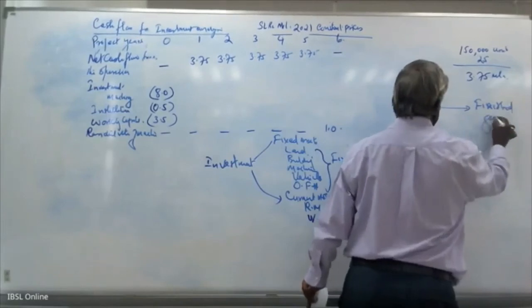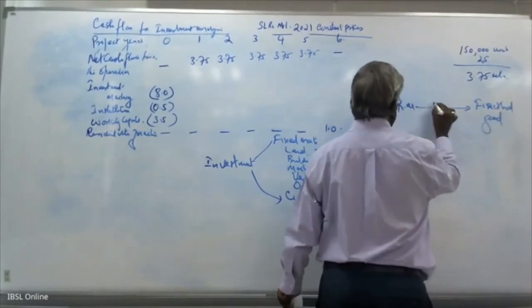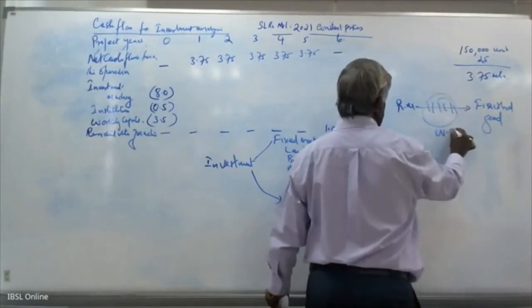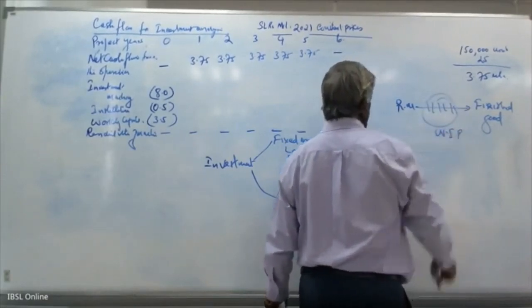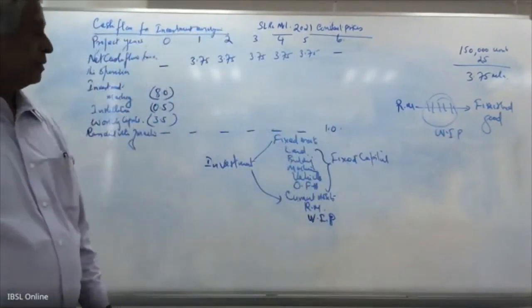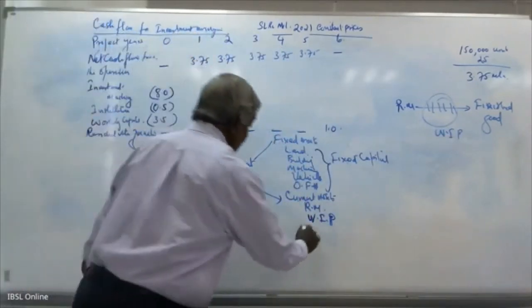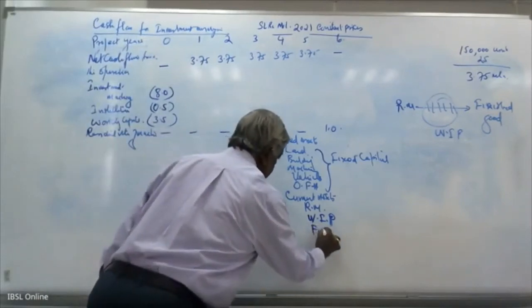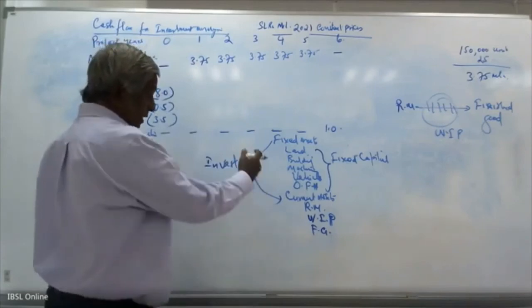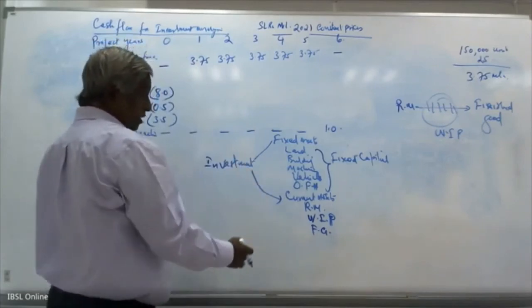Finished goods in between. In between, that is work in process or work in progress. Then finished good. Raw material, work in process, finished good.